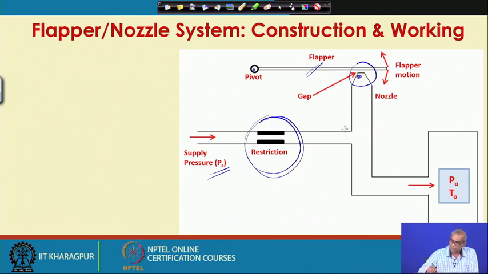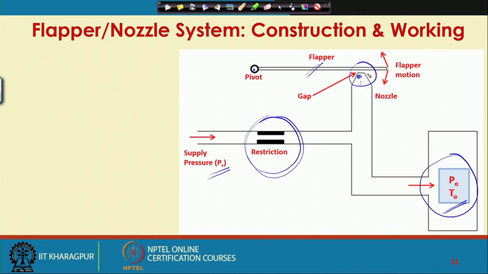A back pressure will be developed which depends on this gap between the flapper and nozzle. If I measure the output pressure here with an independent pressure gauge, this pressure will be a function of the gap between the flapper and nozzle. If the gap is reduced, there will be more back pressure, this pressure will increase.